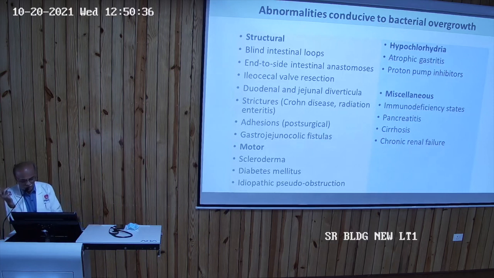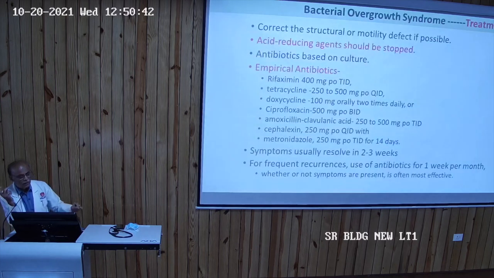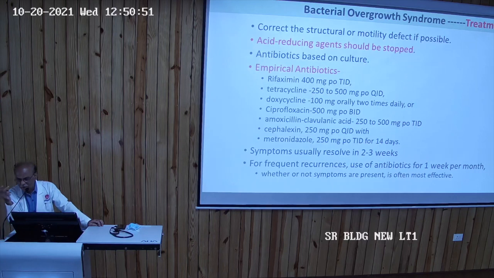Immunodeficiency states, pancreatitis, cirrhosis, chronic renal failure, all these are causes of bacterial overgrowth syndrome. So in treatment, PPIs should be stopped because they may cause bacterial overgrowth. Acid normally prevents bacterial overgrowth.